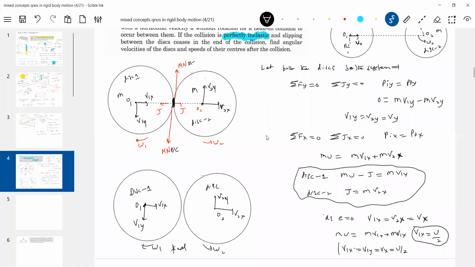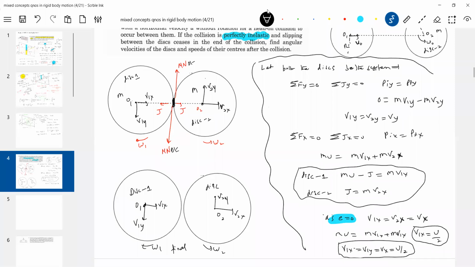I think one very good equation is what we have generated with the help of the collision idea. Without this it's not possible. I just highlighted it. And this is conservation of momentum here. But they are rotating, they are colliding, impulse is acting, angular impulse is acting.